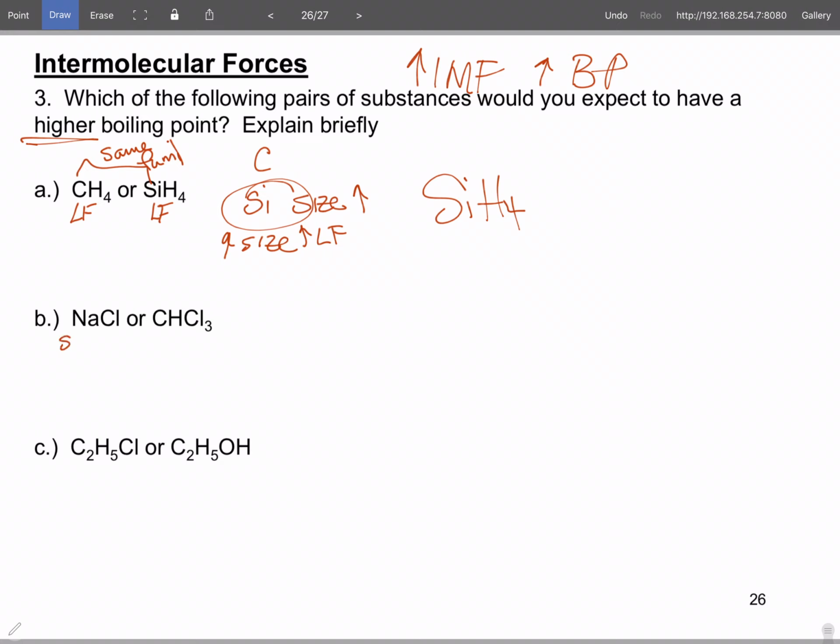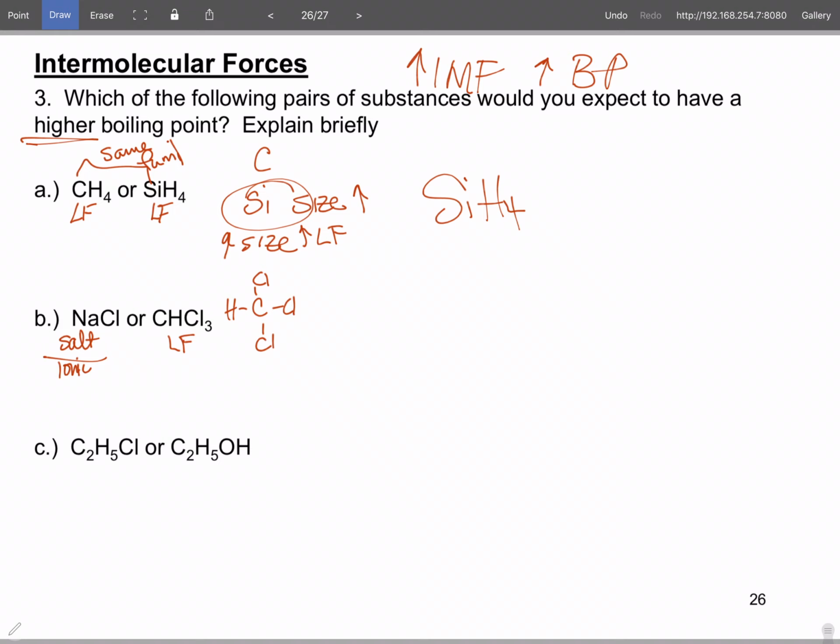Here, this is a salt. It's ionic, whichever one floats your boat. Same thing. This is chloroform, and it has this formula right here. So we know it's molecular, so it has London forces. And you look at it, and so we got carbon and chlorine bonds on 3 out of the 4 sides.